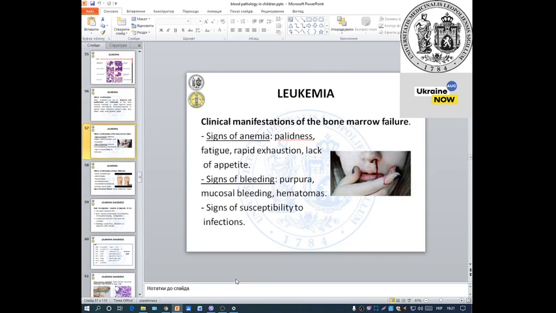Bone marrow failure manifests with signs of anemia, pallidness, fatigue, lack of appetite, signs of bleeding, purpura, mucosal bleeding, hemorrhages, and signs of susceptibility to infections.